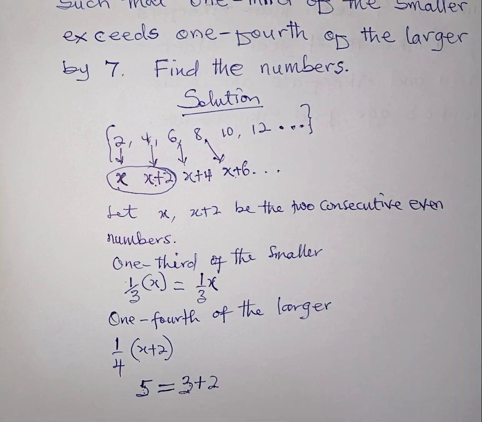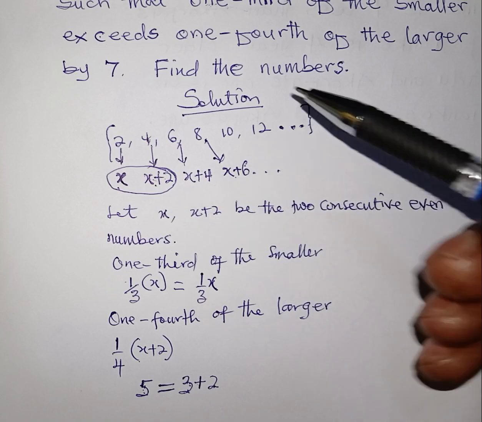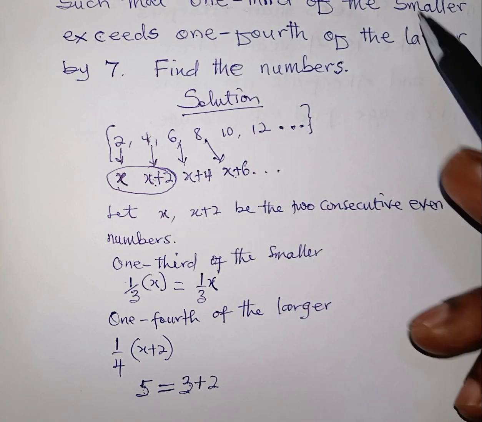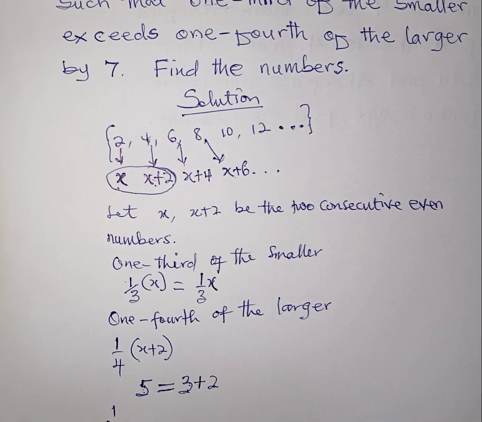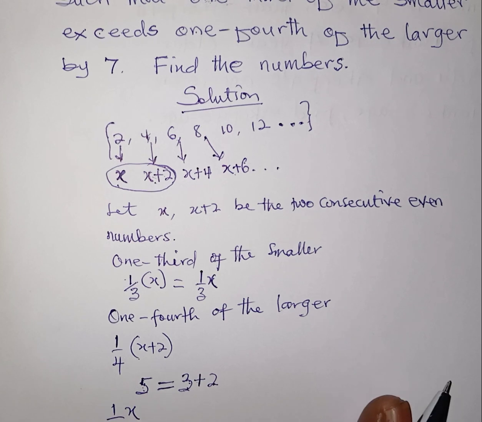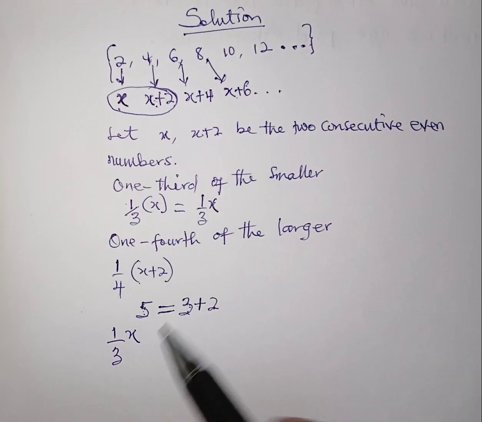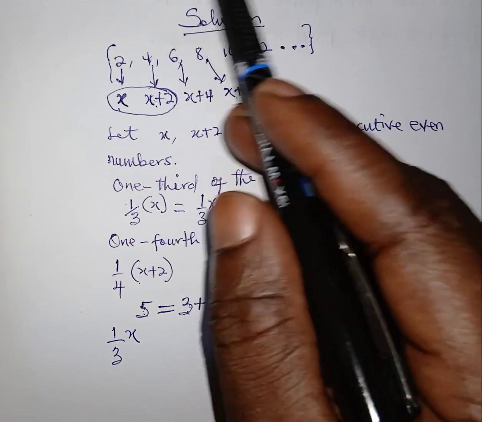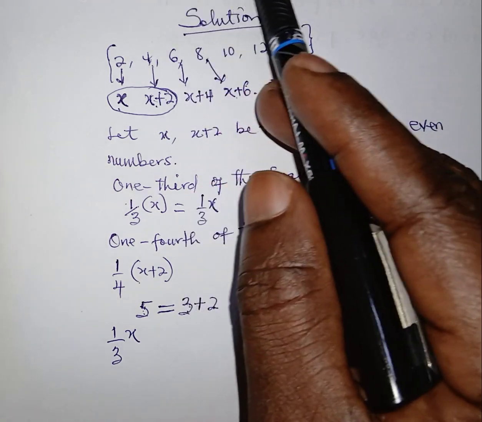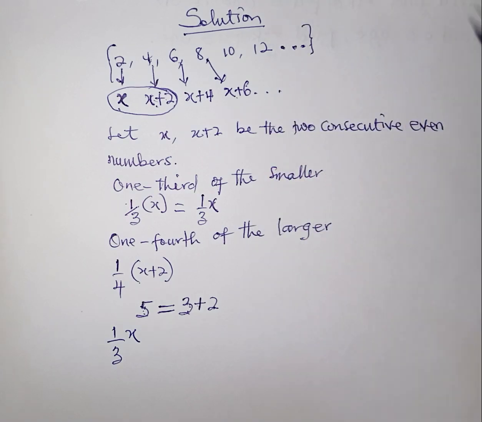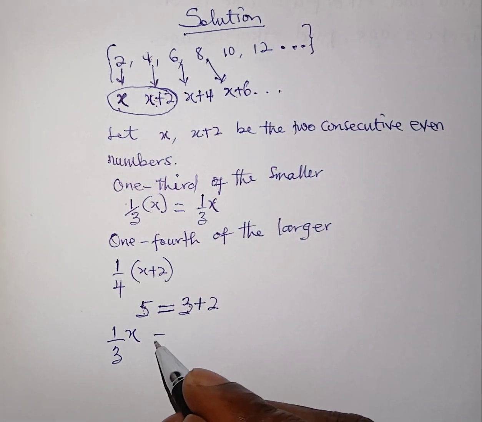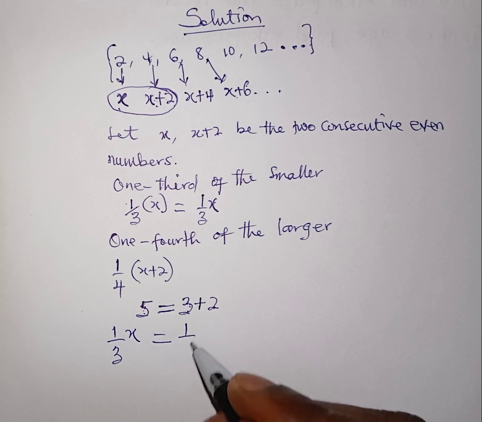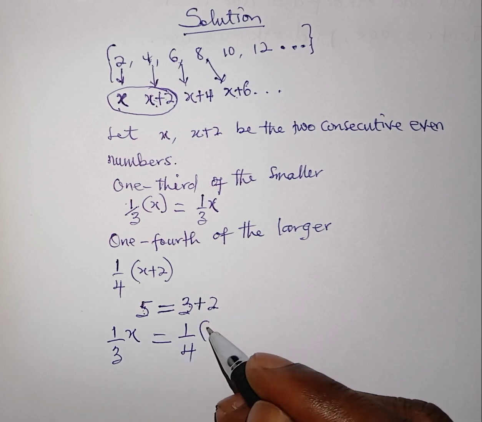But how much does this 1/3 the smaller exceed the larger? And it is given in the question. So we are saying that the 1/3 exceeds, so we can say that it exceeds the 1/4.